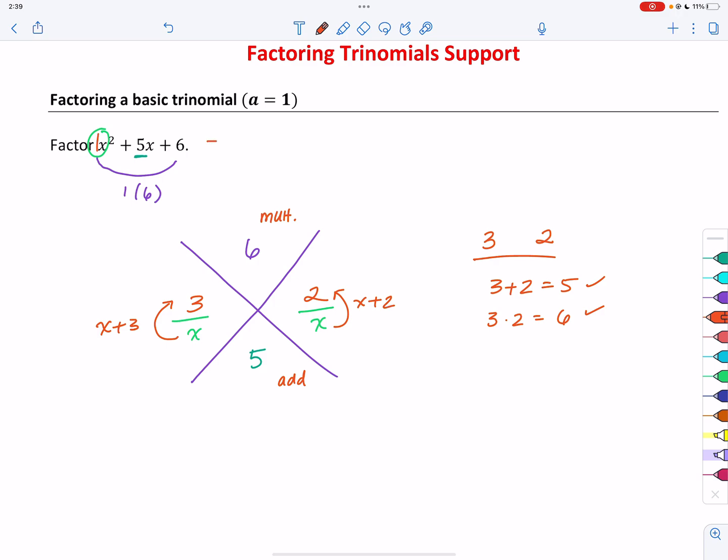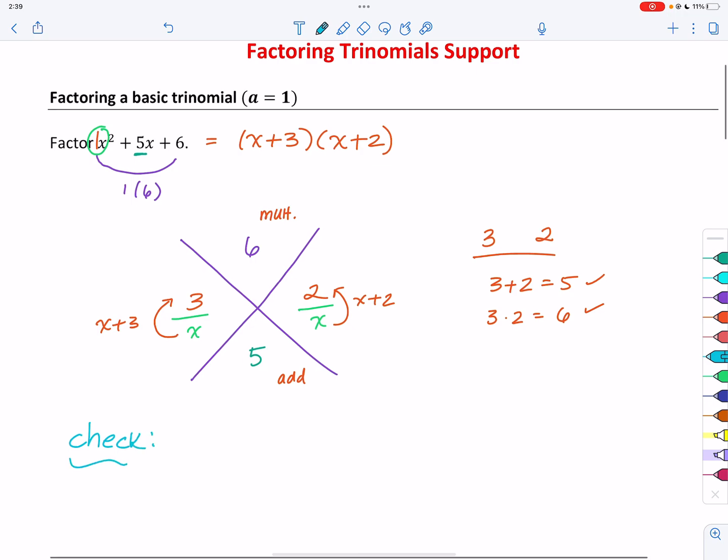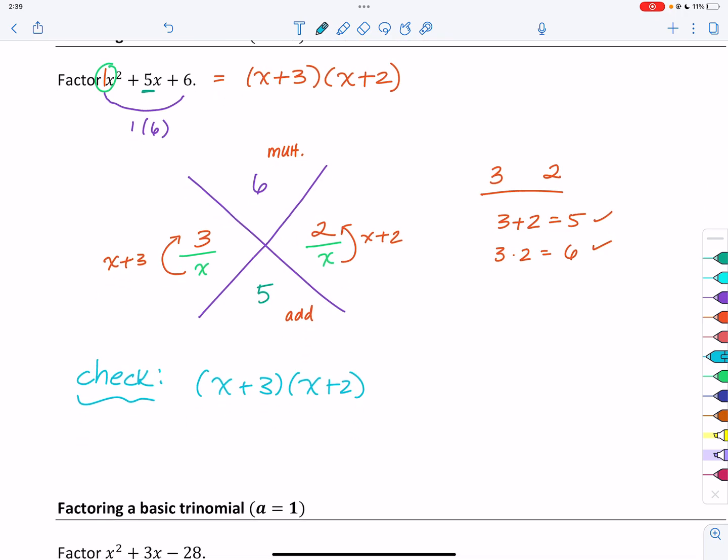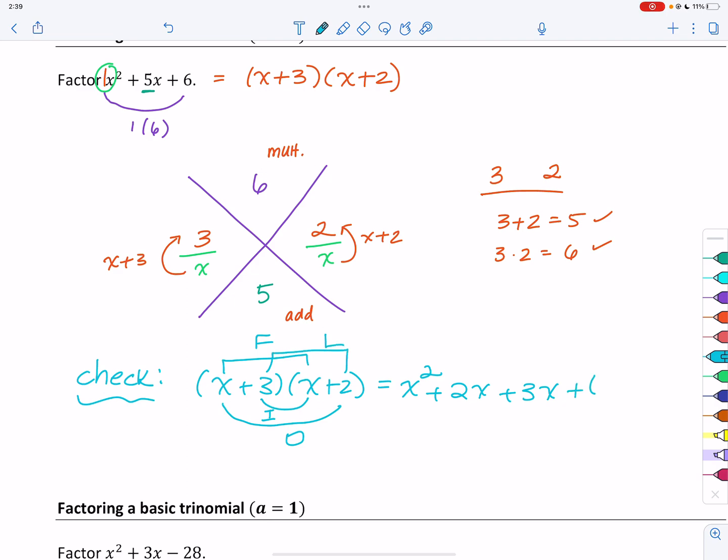And we will go up here and write that this is equal to x plus 3 multiplied by x plus 2. If you want to do a quick check, if we were asked to multiply x plus 3 times x plus 2 using the FOIL method, we would multiply first, that's the F of FOIL, and that would be x squared, outer, which would be 2x, inner, which is 3x, and then last, which would be a 6.